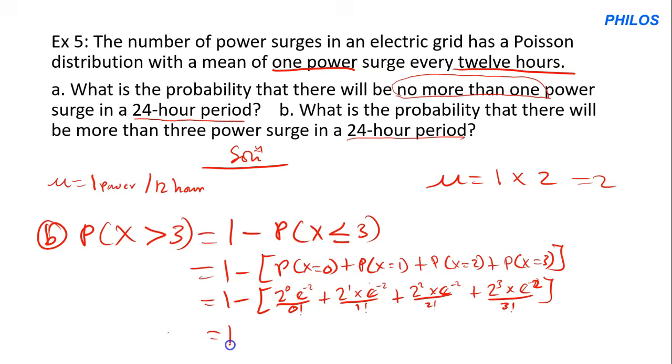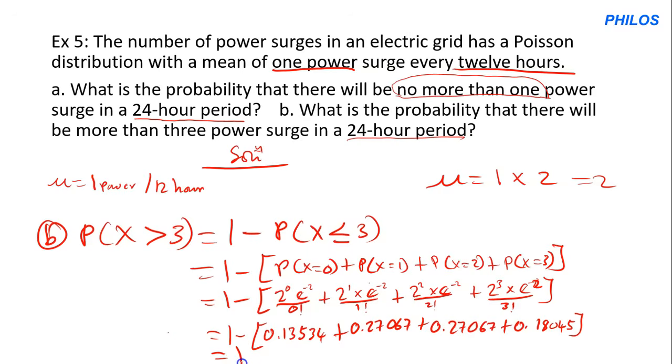So when we simplify this, we have 1 into brackets. The first one gives us 0.13534, plus the second one gives us 0.27067, plus the third one also gives us 0.27067, and then this gives us 0.18045.